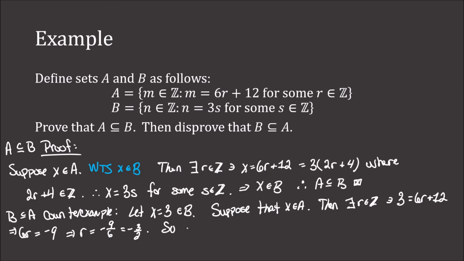So here we have r is an integer, and r is not an integer, right? Because negative 3 halves is not an integer. This is a clear contradiction. Therefore, x is not in A, which implies that B cannot be a subset of A.